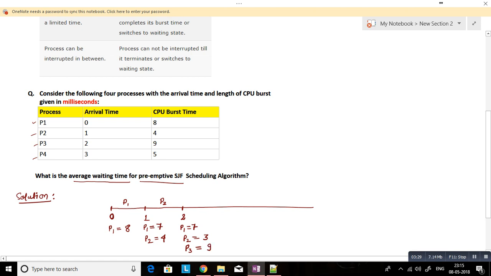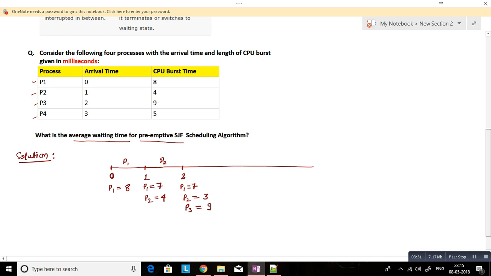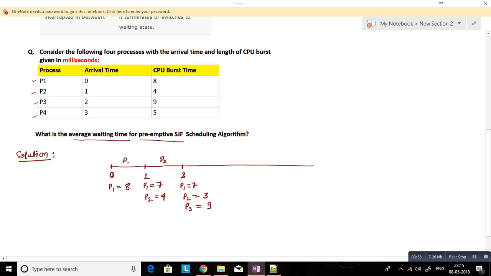Now which is the shortest one? P2 is still shortest, so P2 will still be executing. So now at 3, P1 is 7, P2 is 3 minus 1, 2, and P3 is not executed, so P3 is 9.